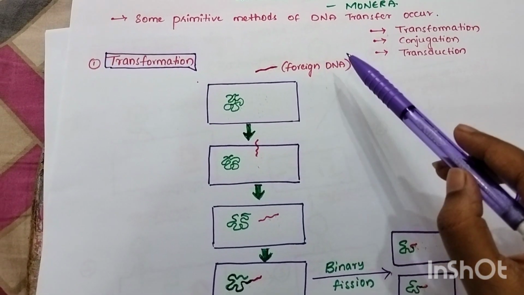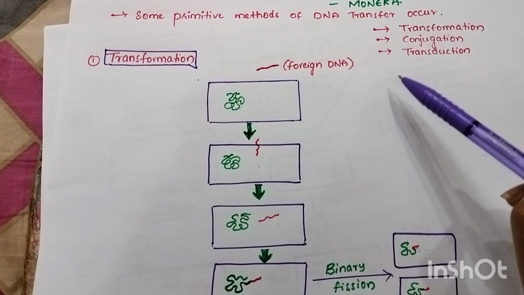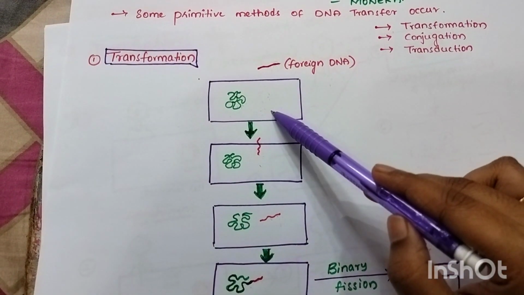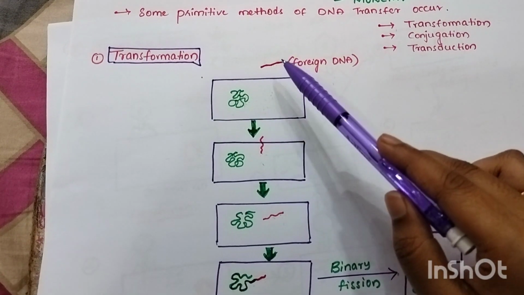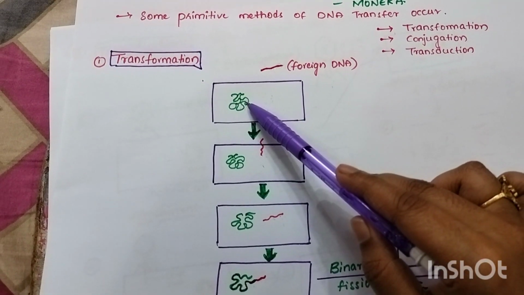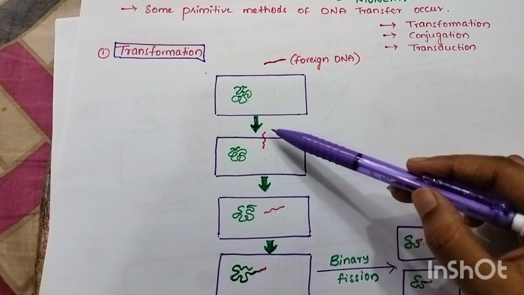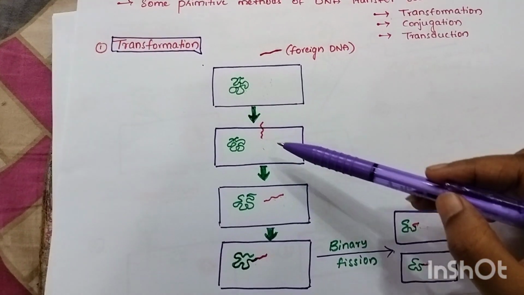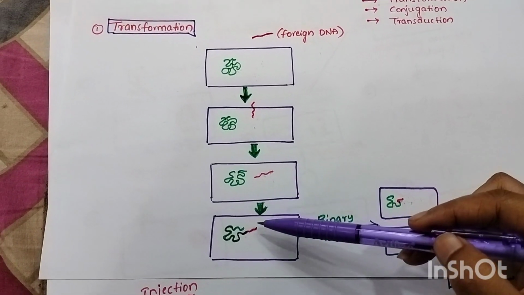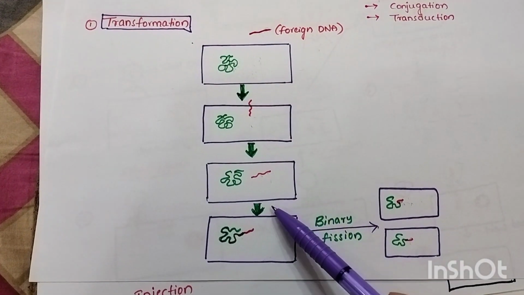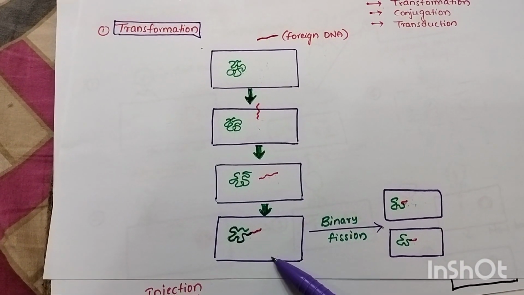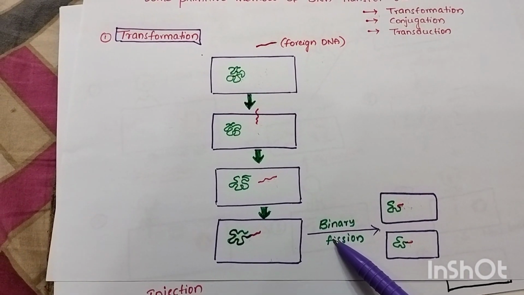This may be released from some other bacteria. Now what happens is this bacterium takes up this foreign DNA and incorporates it into its own genetic material. See here, the foreign DNA is entering the cell. Once it has entered, it incorporates into the host genetic material. So once this incorporation is done, this bacterium undergoes binary fission.